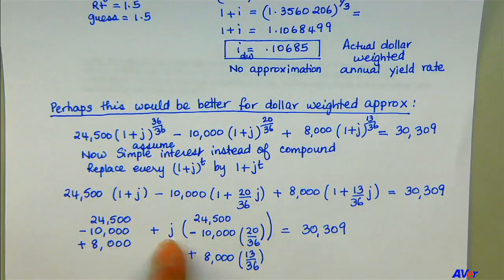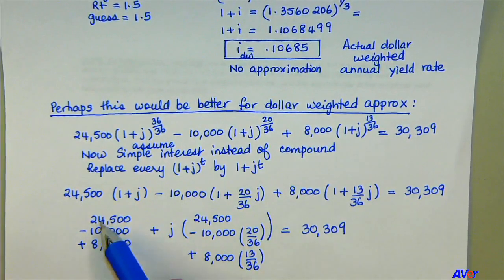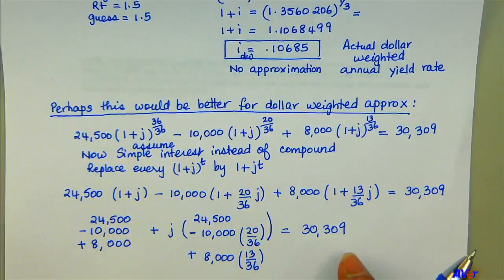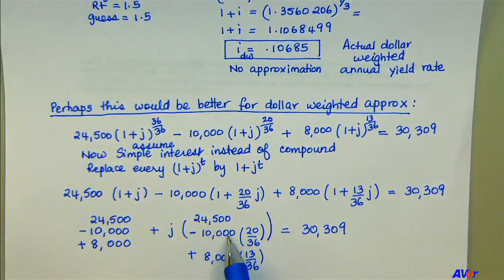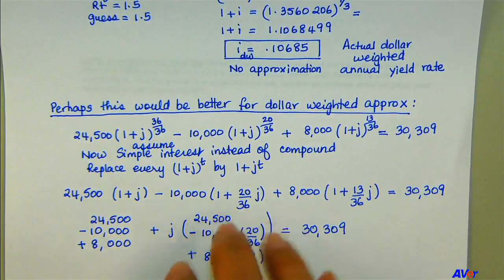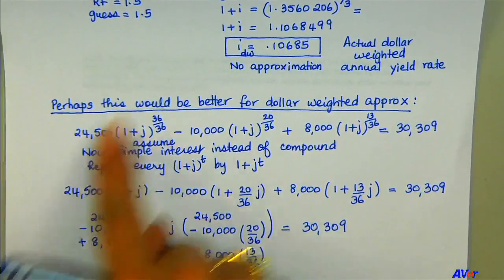is the same as solving for j over there, which was j equals B minus A minus C, when I bring these over to the other side, divided by A plus the contribution times the time it's left to grow. It's exactly the same as what we did before, and we don't have to memorize anything if we use this with this timeline above.